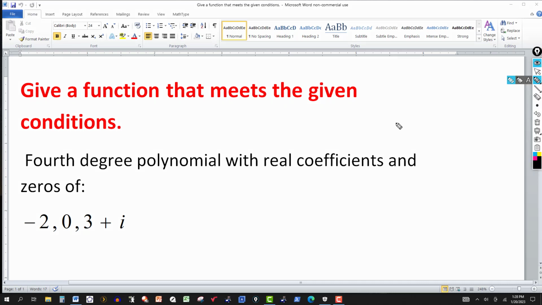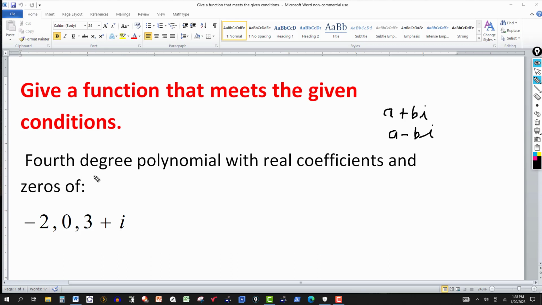So here's what we know. A complex number a plus bi, where a and b are real numbers and i is the imaginary unit, the square root of -1. A plus bi and a minus bi are conjugates, just like 3 plus i and 3 minus i are conjugates.